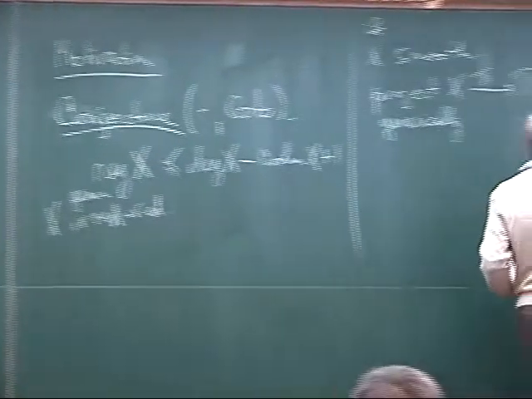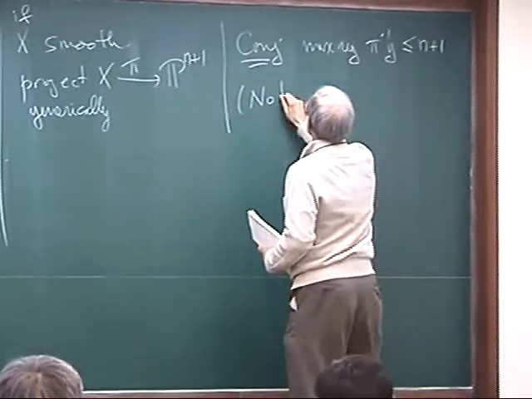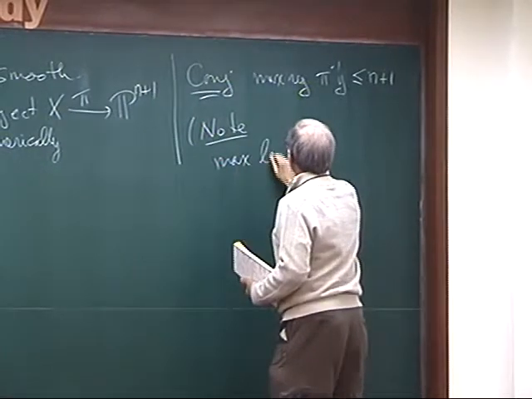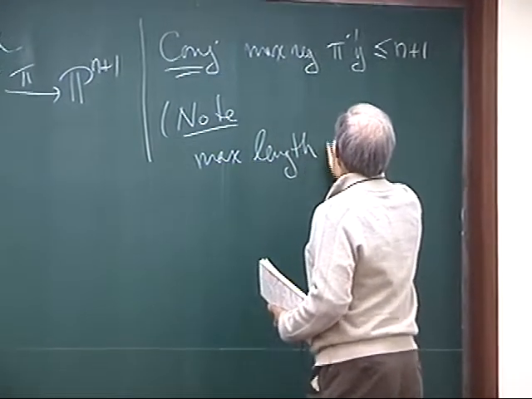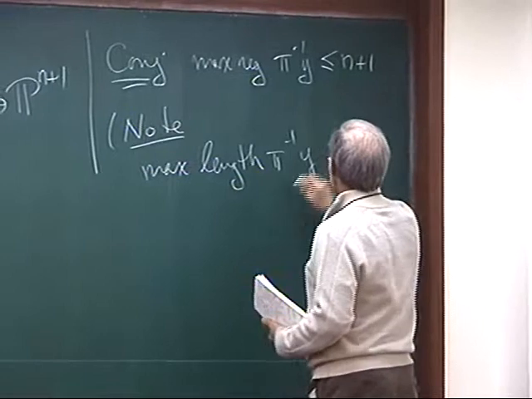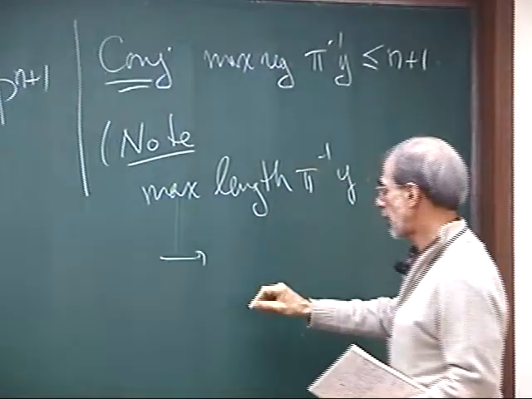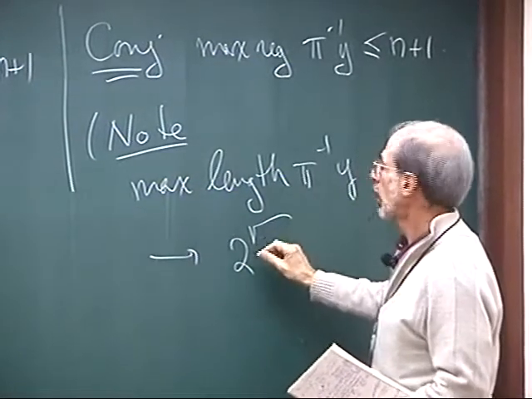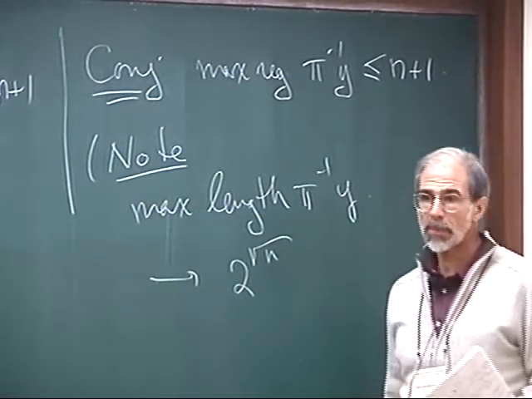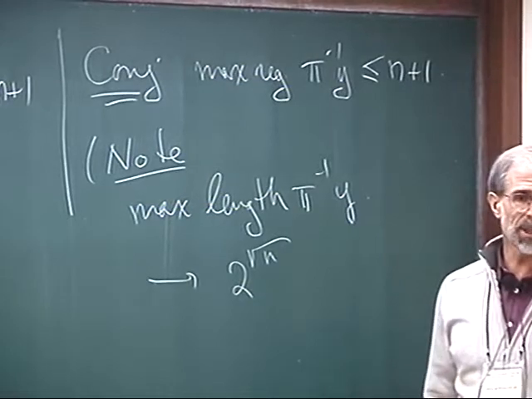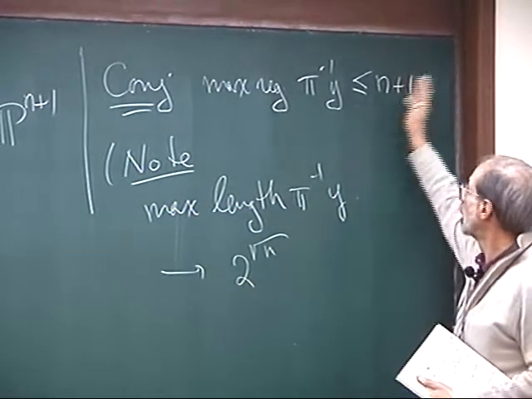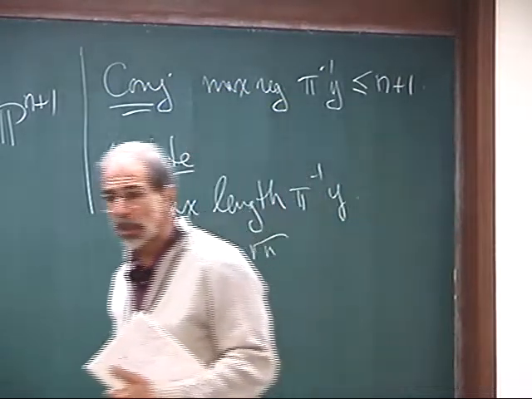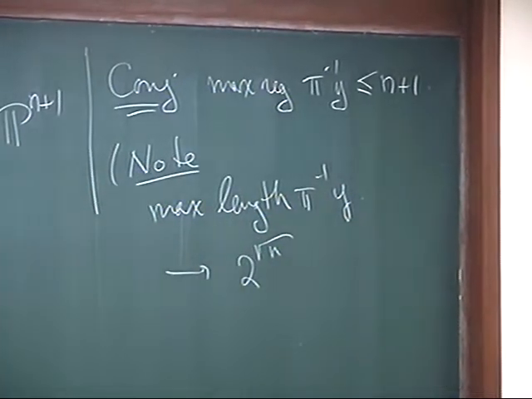So note, the max length of pi inverse of y goes to something asymptotically which looks like 2 to the square root of n. So much bigger than n plus 1. So just the fact that this is true for small values of n really doesn't signify very much.